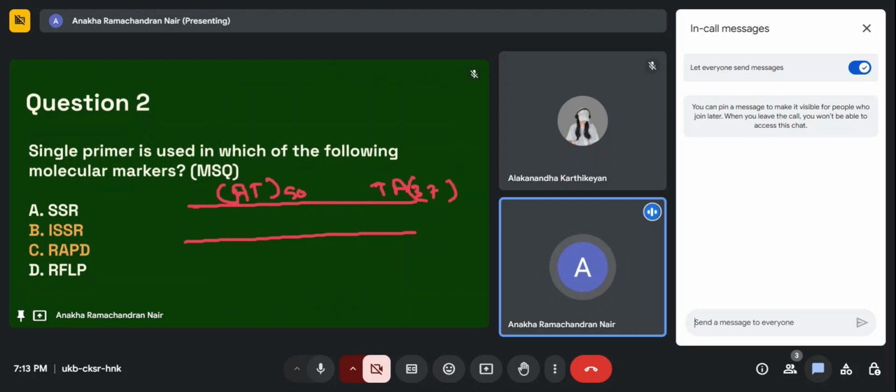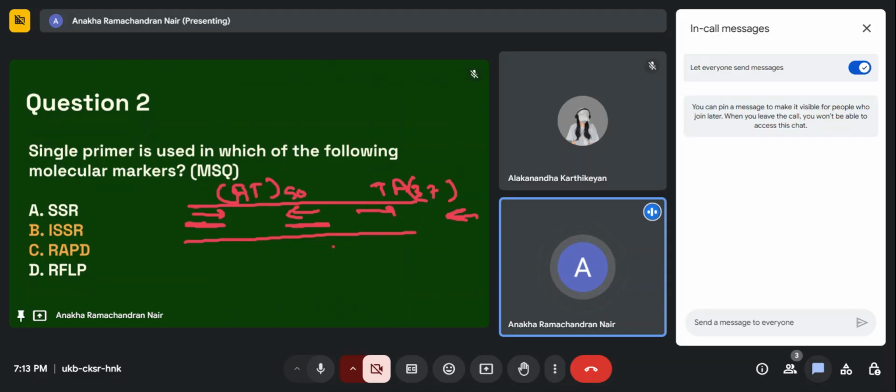The forward primer and the reverse primer are for the flanking regions of this repeat sequence. I'm just drawing it on the same DNA strand. So it is not just a single primer being used, because this primer will have a different code and this one will have a different code. Similarly, for this and this also, the codes will be different. So they are not using a single primer, and that's why SSR is not the correct answer in this case.